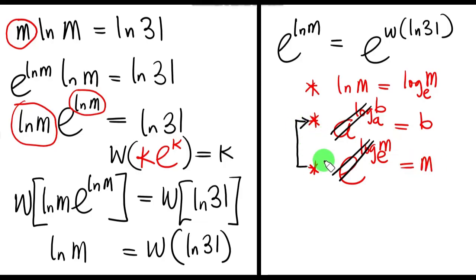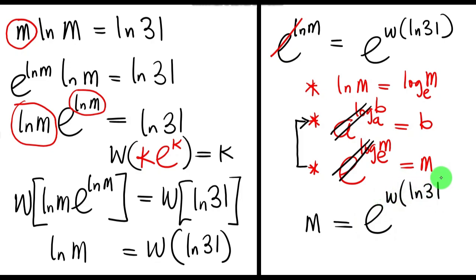So at the end of the day, according to this illustration, this is going to go away and what we have left is m. Now we can boldly say that m equals exponential of W function of ln 31.